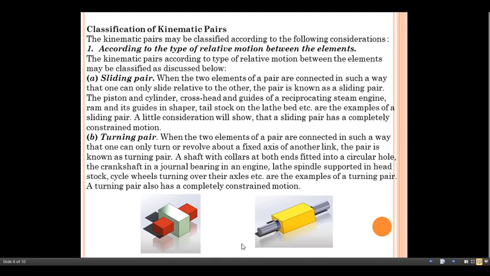This reciprocating motion of this shaft is restricted because the collars are provided at both the ends. Means only the turning motion of this one takes place. That's why here we are saying this is the case of completely constrained motion.